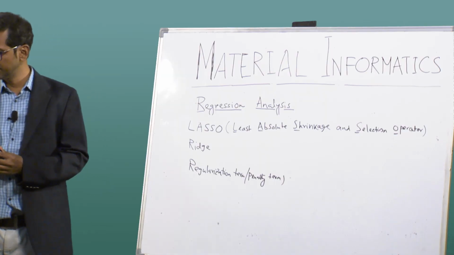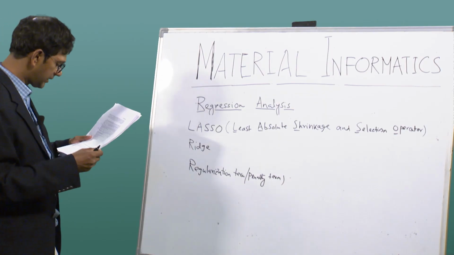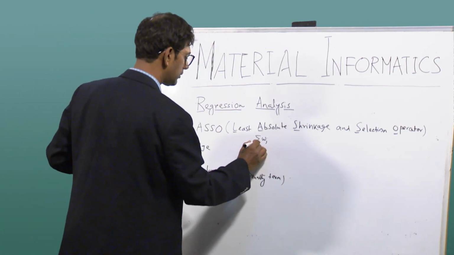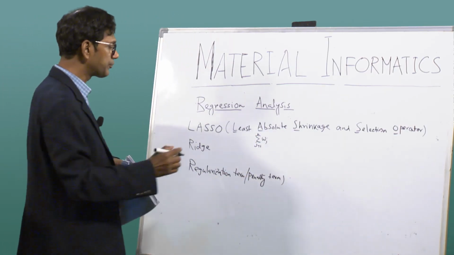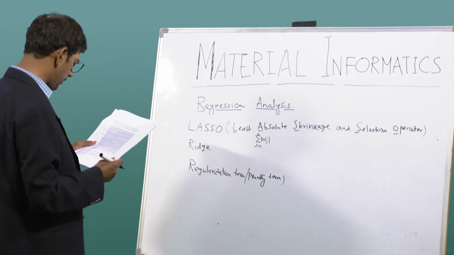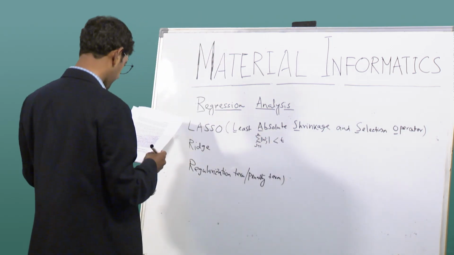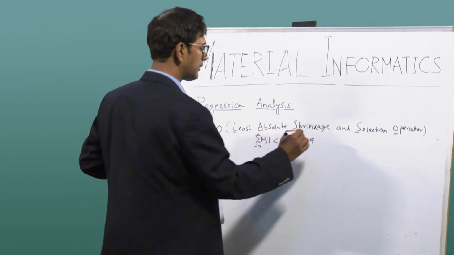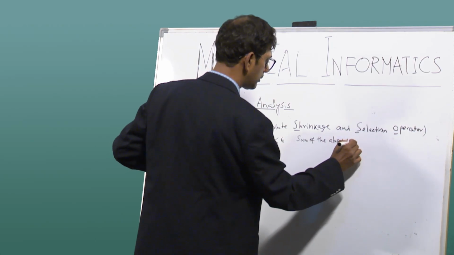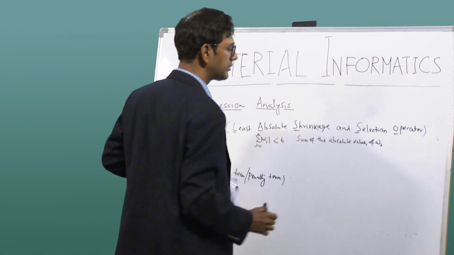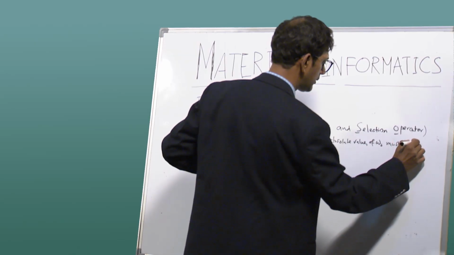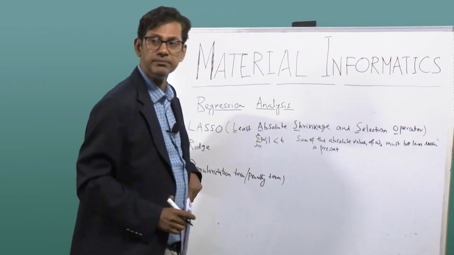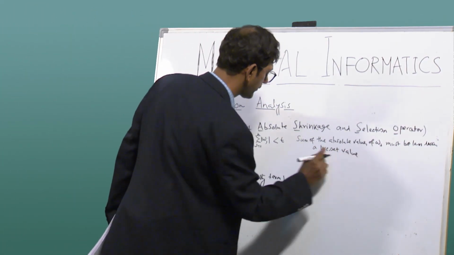In case of Lasso, we simply add a constraint to this expression: the sum of the absolute values of the w's must be less than a preset value t, which you can choose yourself.